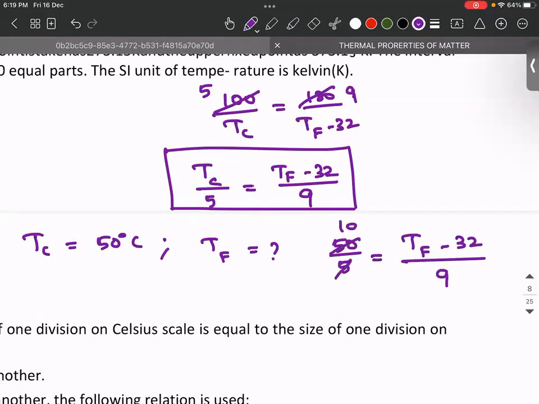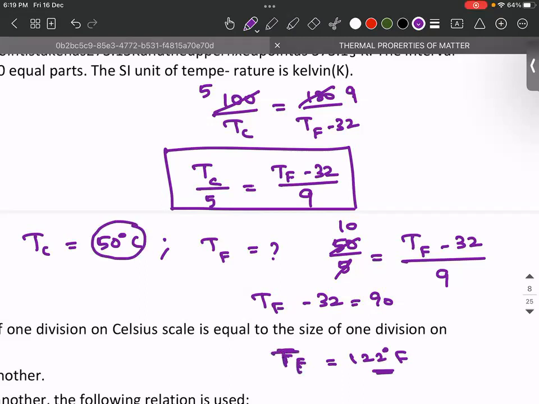So this goes 10 times. So Tf minus 32 will be 90 and Tf will be equal to 122 degree Fahrenheit. Means on a Celsius scale, if you have 50 degrees Celsius, in a Fahrenheit scale, you will have it on 122 degree Fahrenheit.